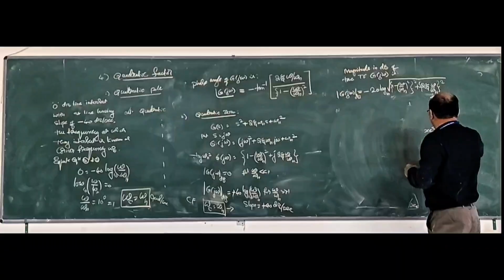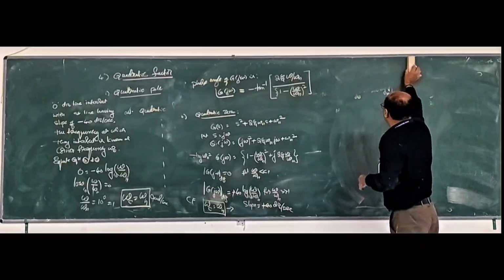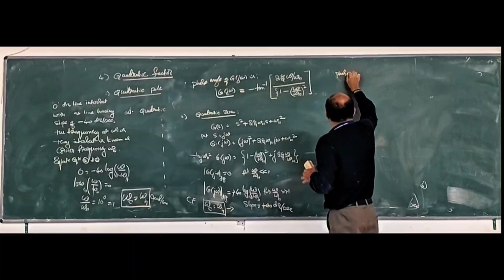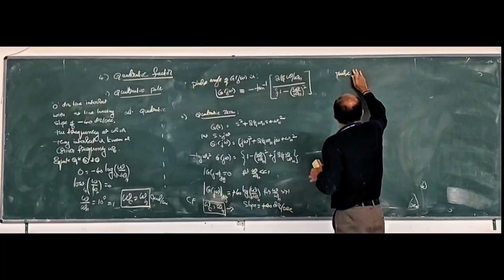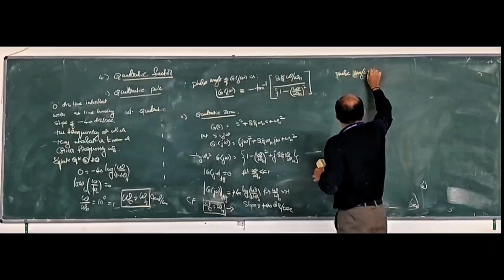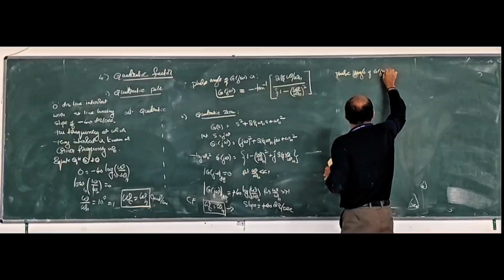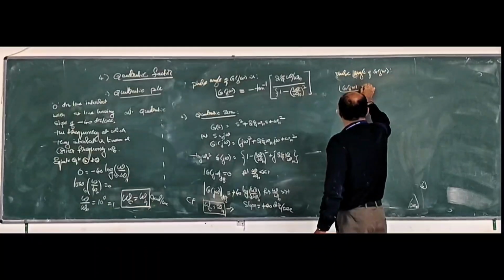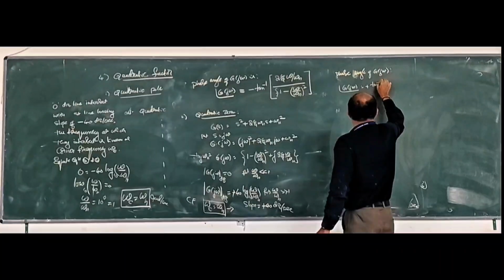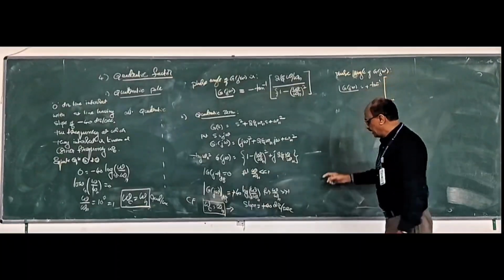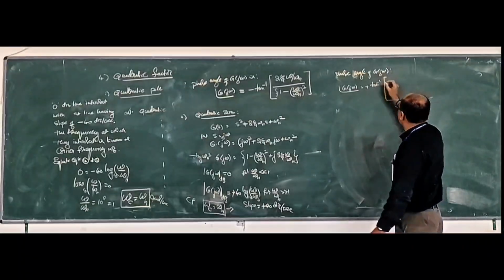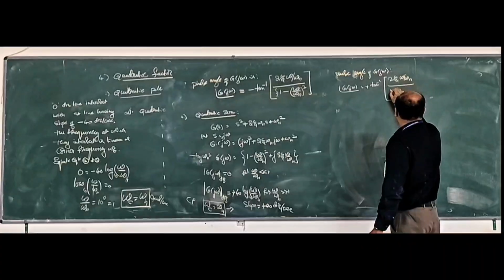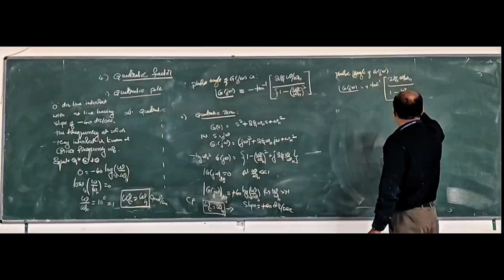Instead of minus, you will get plus. The phase angle of g of j omega for the quadratic 0 is plus tan inverse of the same thing, imaginary part by real part: 2 zeta omega by omega n divided by 1 minus omega by omega n whole square.